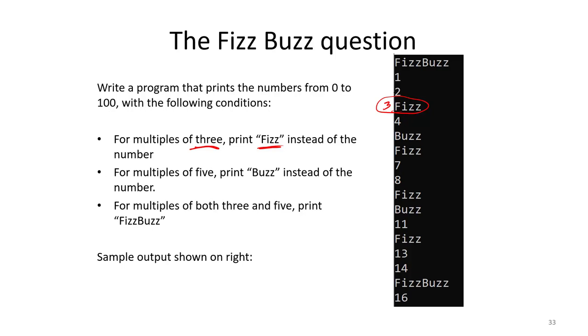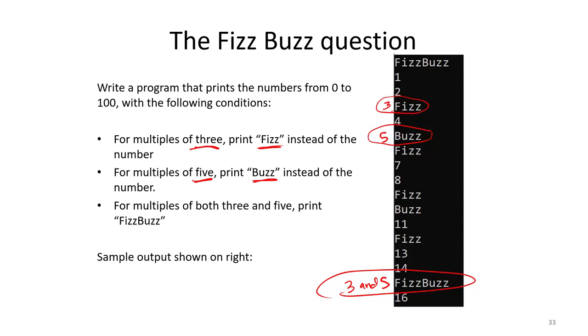For multiples of 5, you print buzz instead of the number. And if you're a multiple of 3 and 5, you output FizzBuzz. So it's a fairly simple question, but you'll see that there are several different ways we could approach this.